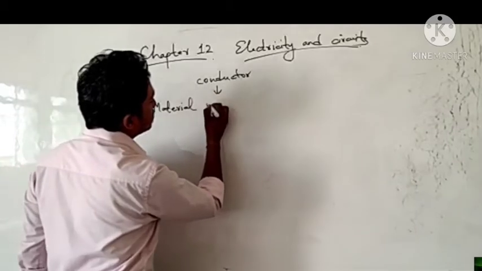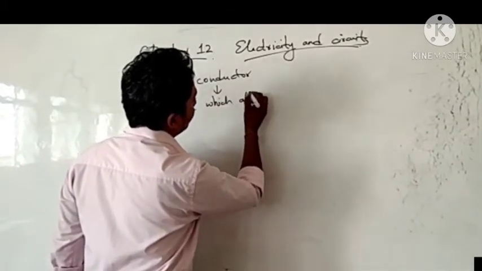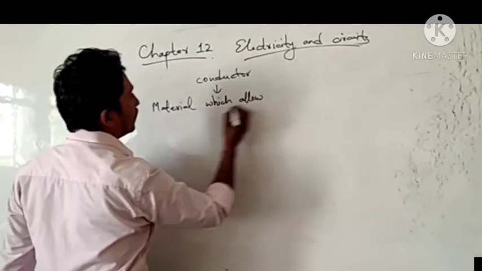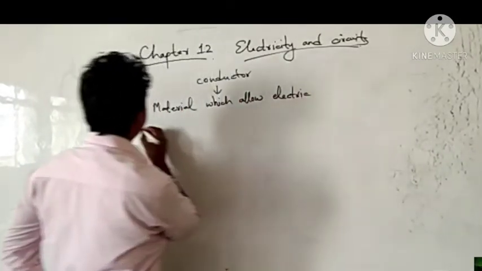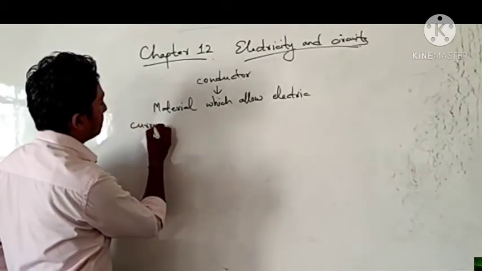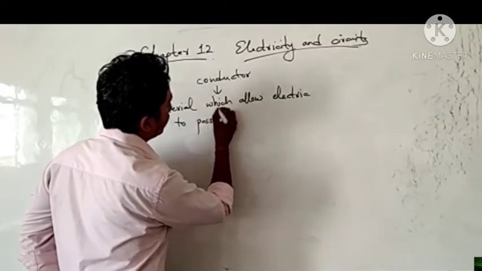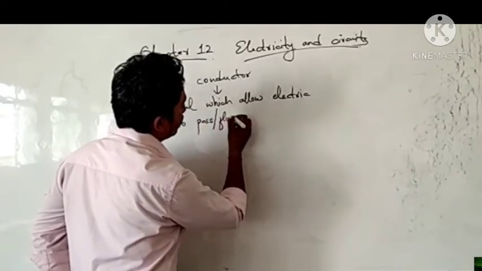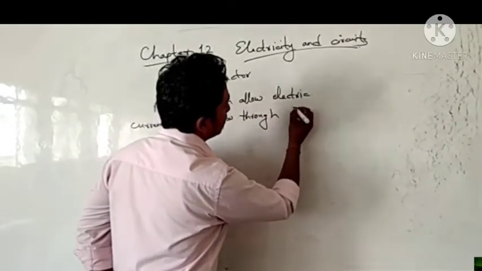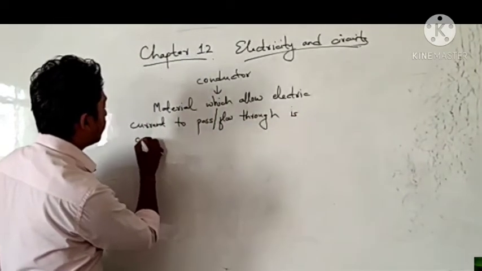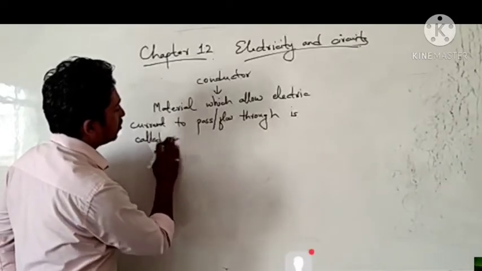So materials which allow electric current to pass or flow through it are termed as conductors.